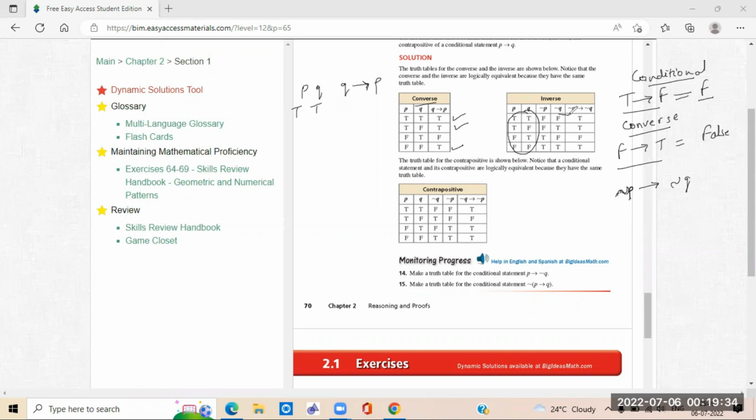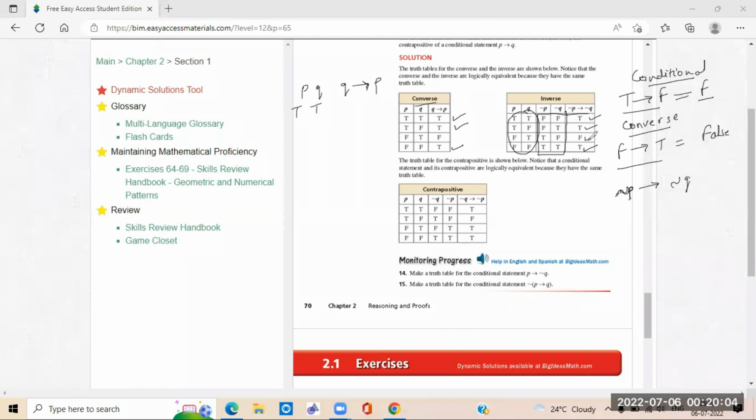Now you have to consider only this part. For the final, not P implies not Q, or negation of P implies negation of Q, you have to take false implies false is true, false implies true is true. True implies false is going to be false, and true implies true is going to be true.